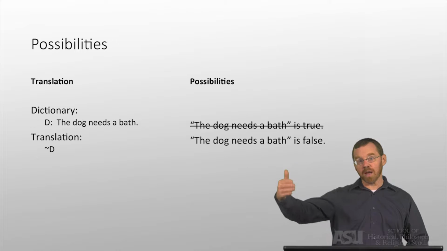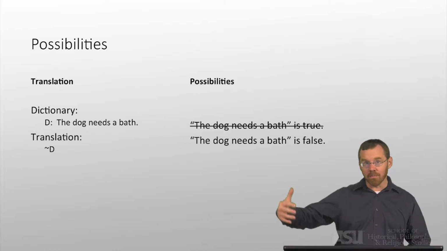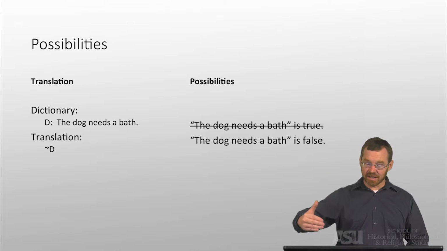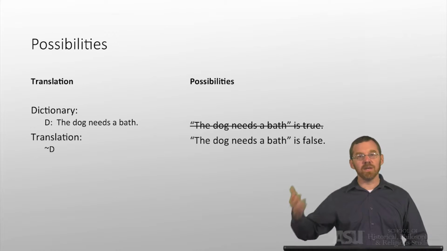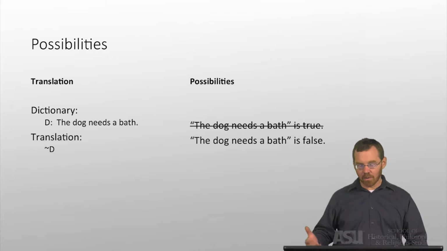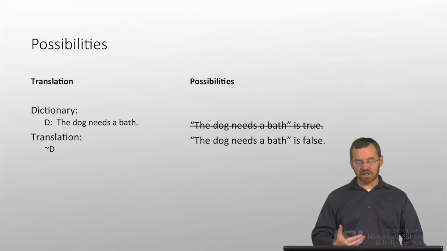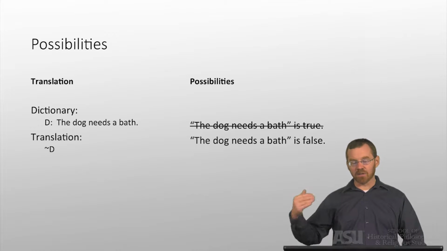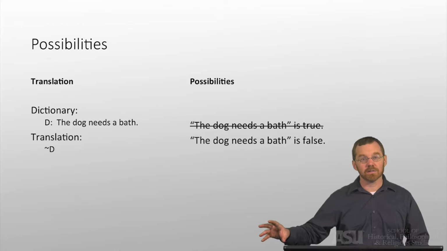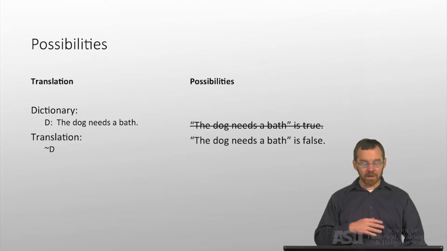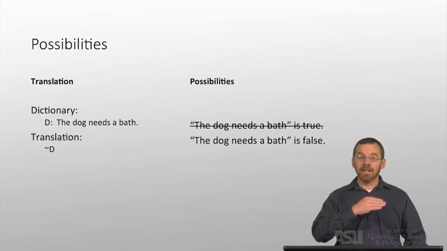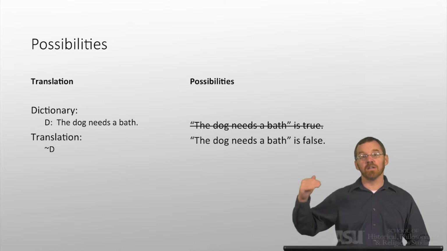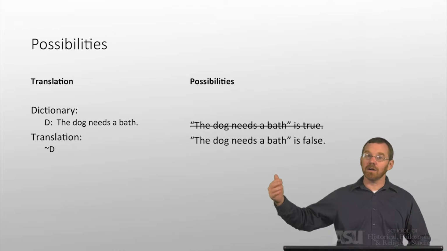For tilde D to be correct would mean that the world matches up with one of the possibilities it allows. But of course, the way the world is, every dog always needs a bath. So the only possibility tilde D allows is the dog needs a bath is false. And we know that can't be the case. So we would say that tilde D is false. It eliminates the possibility that the dog needs a bath. And we know it's a dog, it needs a bath.